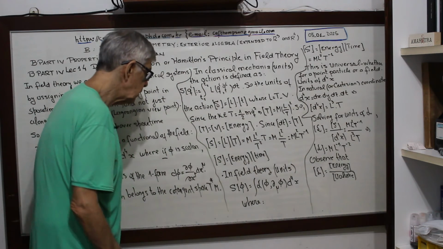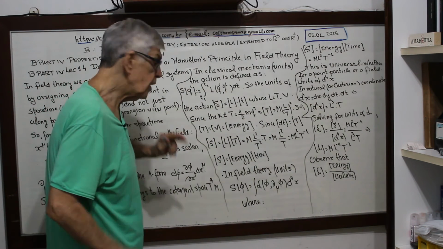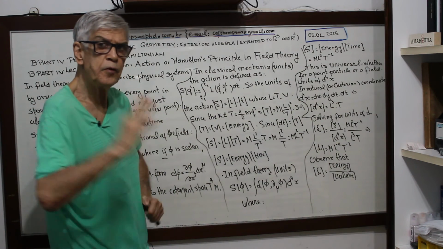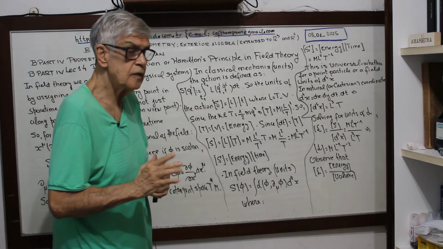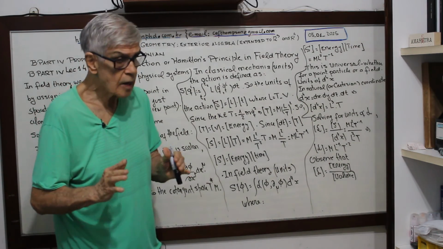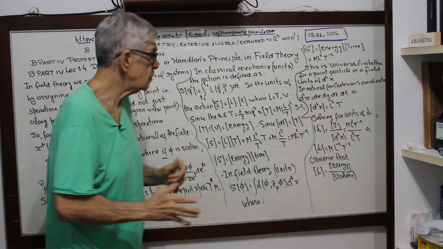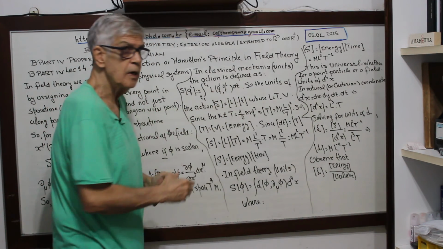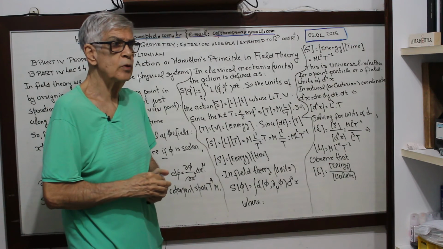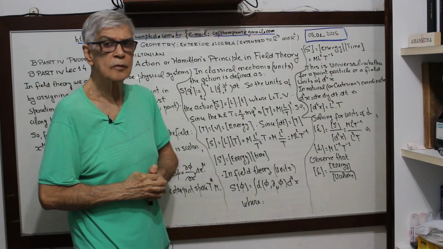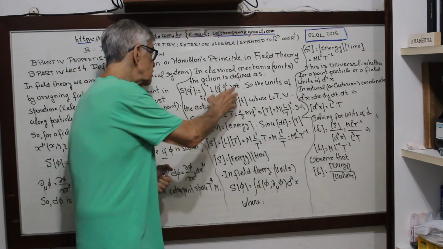So it's clear. Now I will move to field theory. The action in classical mechanics is written over here, and we derived the Euler-Lagrange equations just using this action.